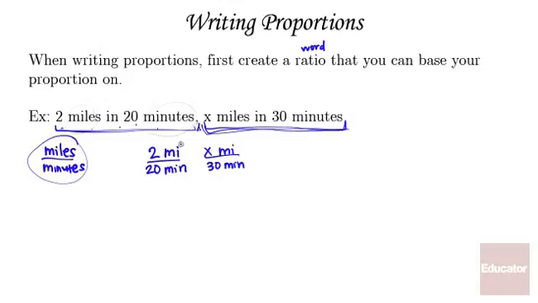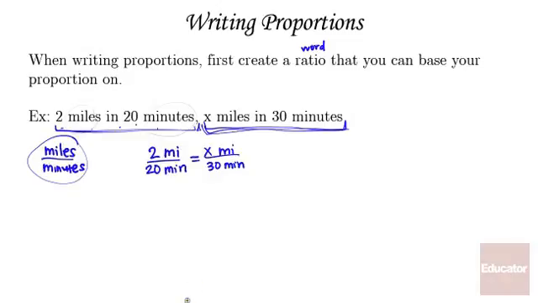Now let's say I created my word ratio so that it was minutes over miles. That's okay. As long as you keep all the minutes on the top and all the miles on the bottom, you're still going to get the correct answer. Then again, this ratio is equal to this ratio, and that's how I'm going to write my proportion.